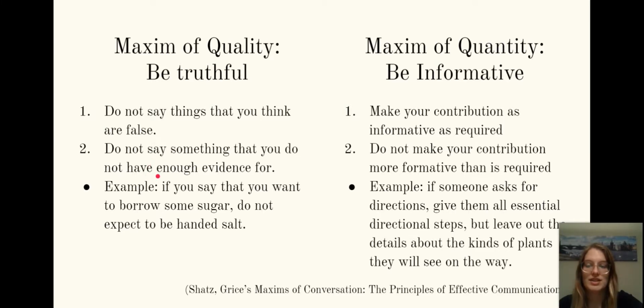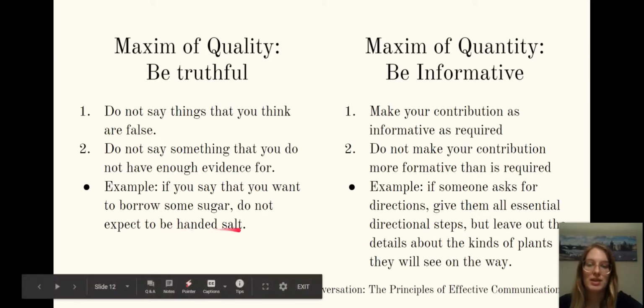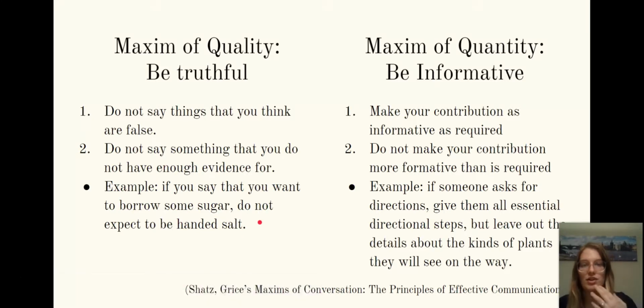So, for instance, if you're baking a cake and you want to borrow some sugar from me, don't say that you want to borrow some salt. If you want to borrow some salt, don't say that you want to borrow some sugar. Don't expect to be handed the other ingredient, because whatever you're asking me for, that's the ingredient that I'm going to assume that you actually want.